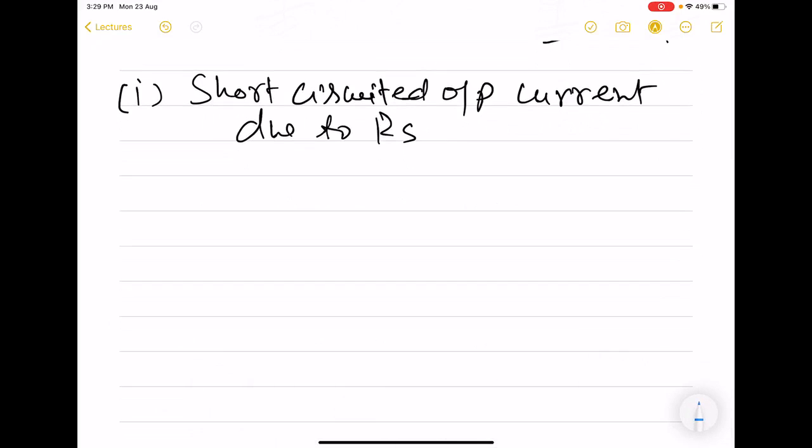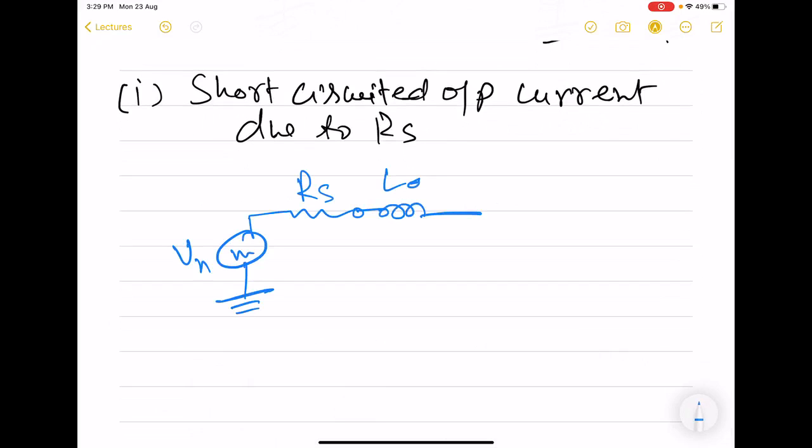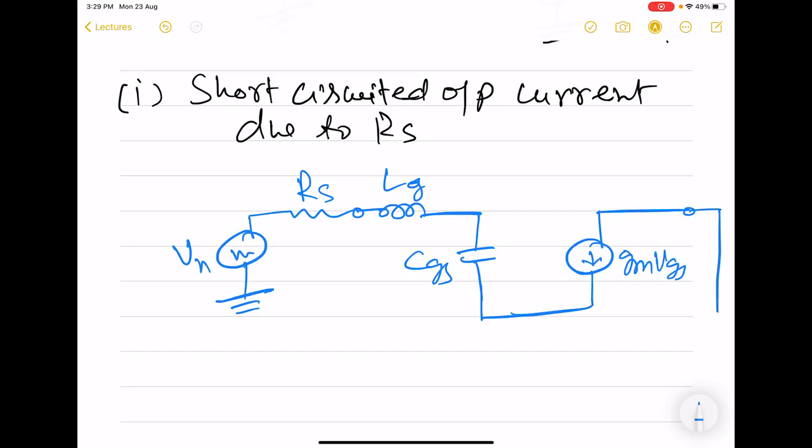So first we want to know the effect of RS, so we draw the noise model. Here we have the noise source due to RS, then the LG inductor, then the gate-to-source capacitor.